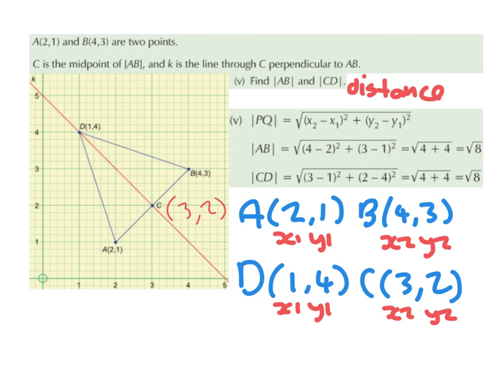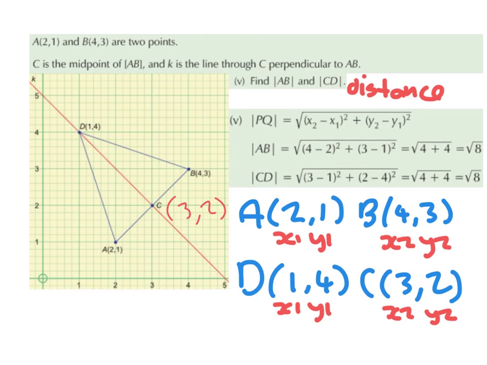Then I'm going to substitute into my formula, swapping x2 for 3, bring down the minus, swapping x1 for 1, square that with brackets, bring down the plus, swapping y2 for 2, bring down the minus, swapping y1 for 4, and it's squared with brackets.